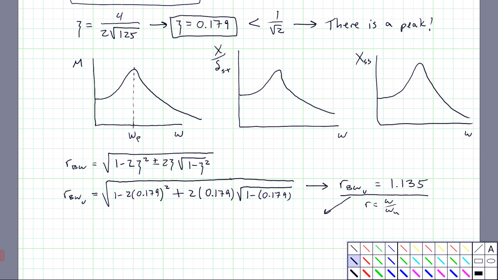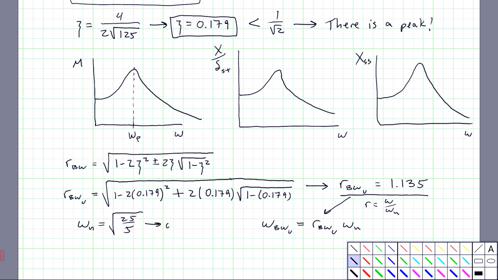All right, so from that we find our upper bandwidth frequency, and remember that R is omega over omega n. So my upper bandwidth input frequency is going to be this R_BW upper times my omega n. So let's find omega n real quick. Natural frequency is the square root of k over m, which is the square root of 25 over 5, just the square root of 5.